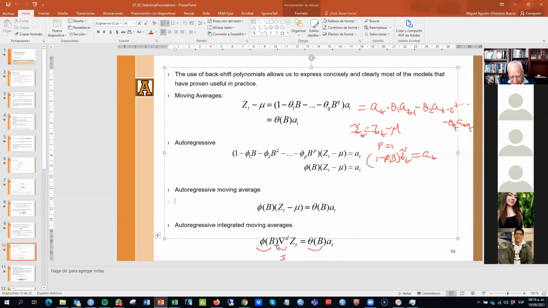These are the ARIMA models, autoregressive integrated moving average. So it simplifies the notation of the models, and we can use the theory of difference equations to develop most of the theory for the modeling of this time series with the stochastic component, A_t.